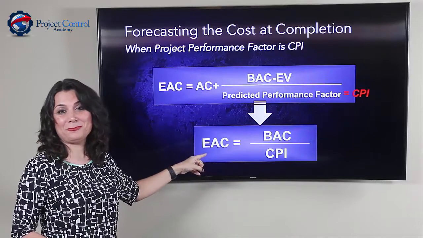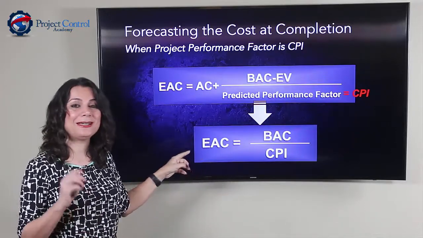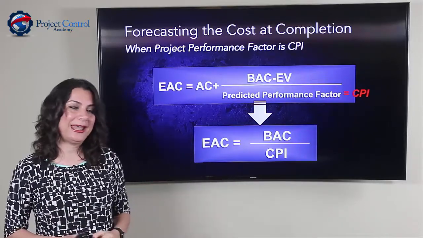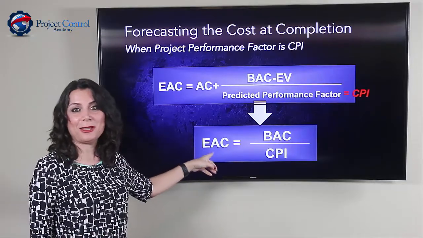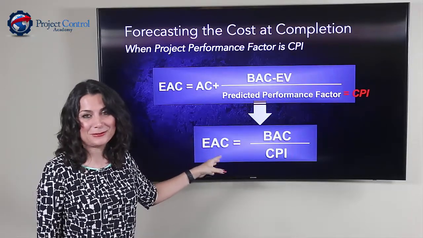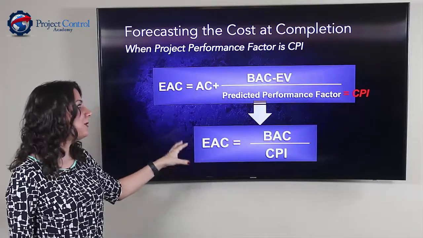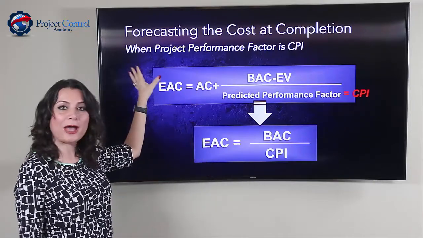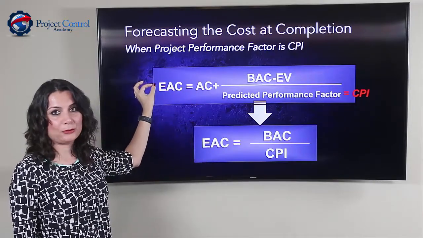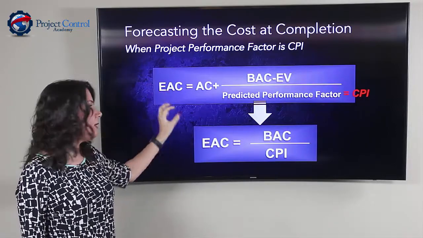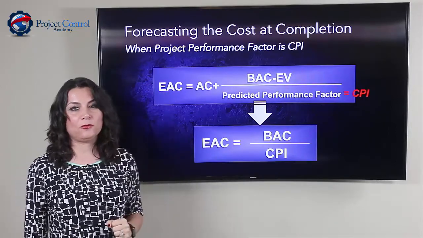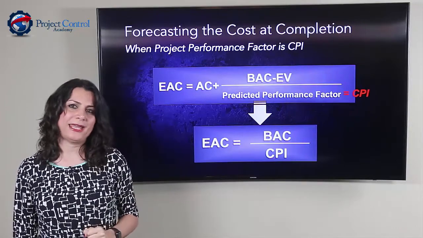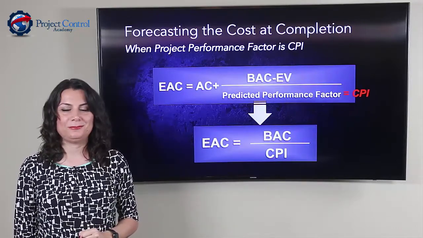You can pause this video or this recording and do this calculation and see if you can derive the same equation. But believe me, that's going to be the right equation for that. So when you have your projected performance factor equal to your CPI, that's going to be your formula for forecasting your cost at completion.